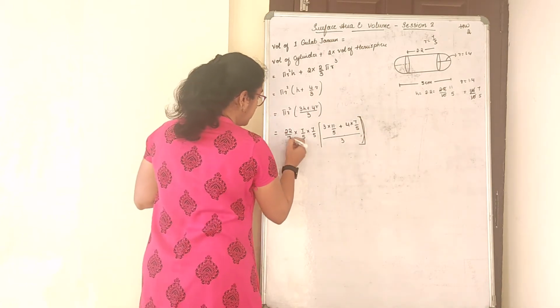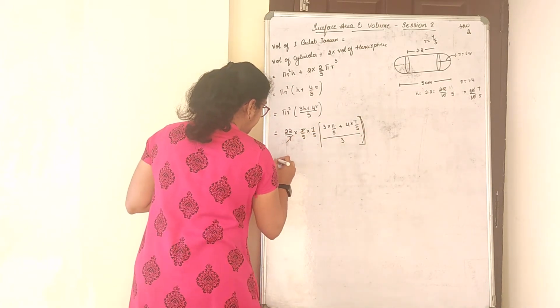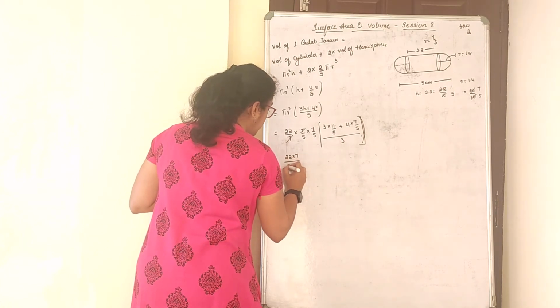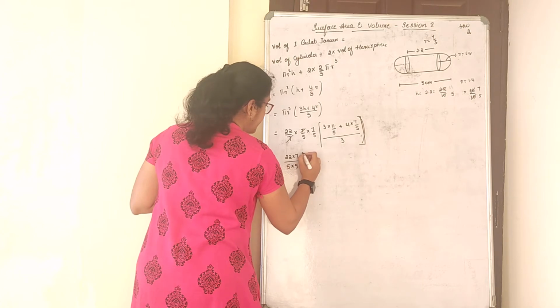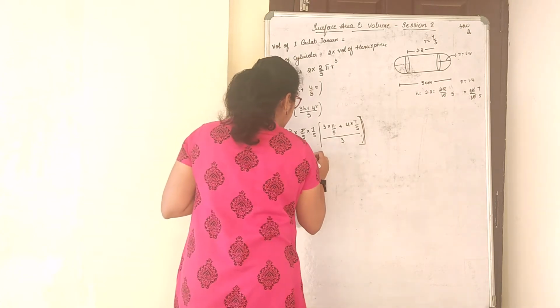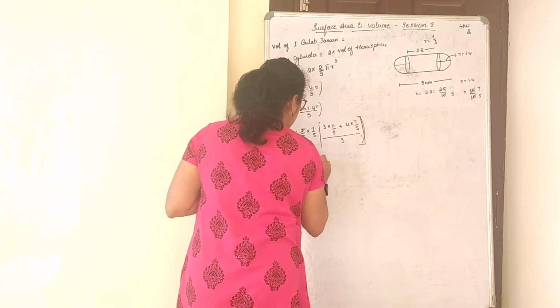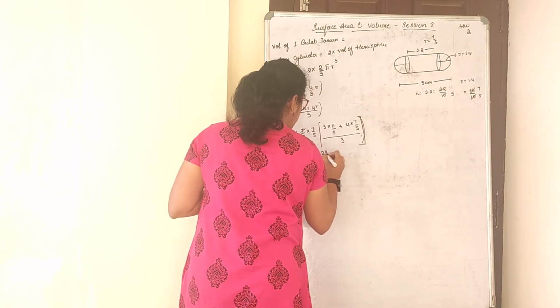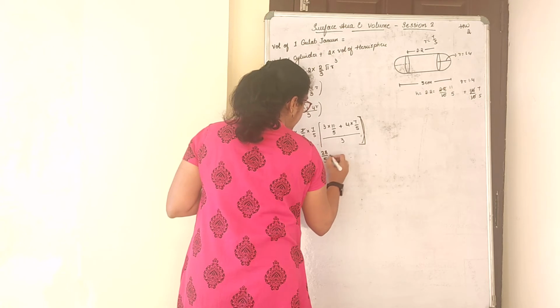Here you can just cancel 7 and 7. 22 into 7 divided by 5 into 5. So 3 elevens are 33 upon 5 plus 7 fours are 28 upon 5.